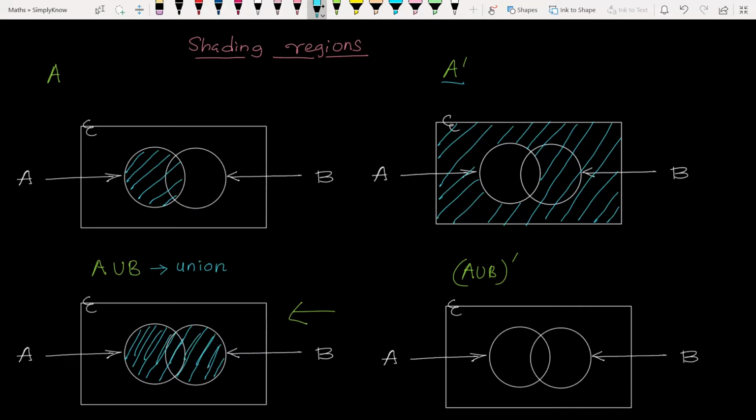So the outside of this region is, let's shade. This is the region outside the union of A and B. So this is the complement of A union B.